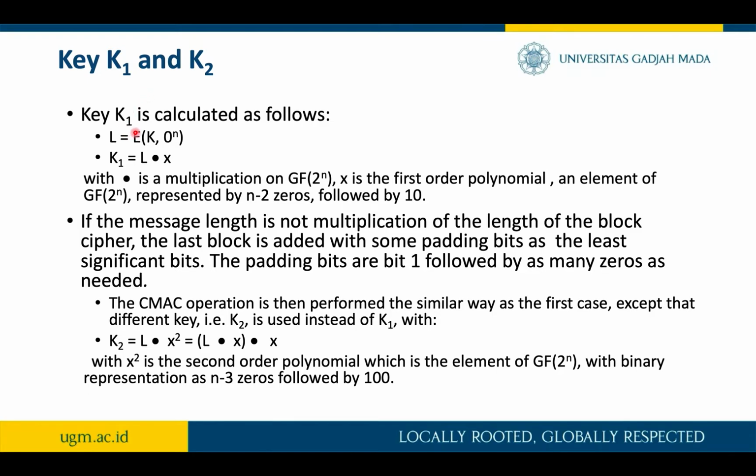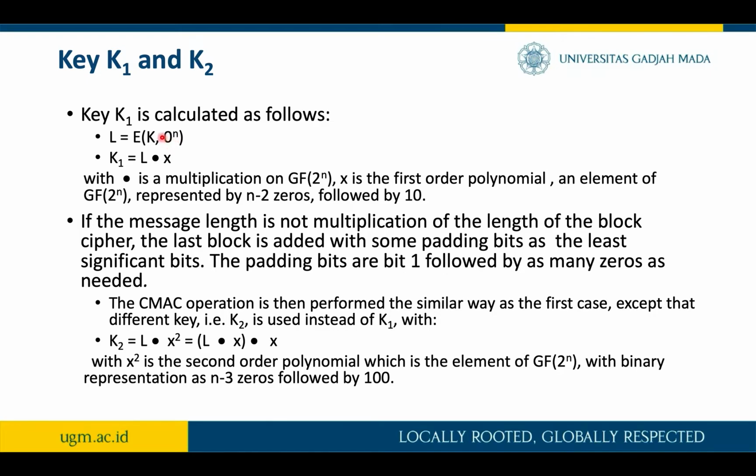So what is K1? K1 is calculated as follows. First, we need to encrypt n zeros. The data here consists of only zeros. Depending on the algorithm, if we use AES, then we have a sequence of 128 zeros.